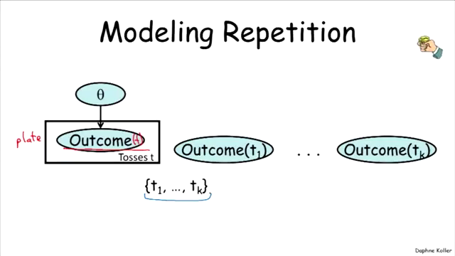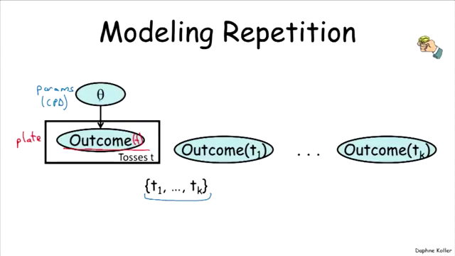I'm going to do something that we'll do a lot later in the course when we talk about learning, which is put the parameters of the CPD explicitly into the model. So this random variable theta is the actual CPD parameterization, and I'm putting it explicitly so that I can show how different variables depend on it.